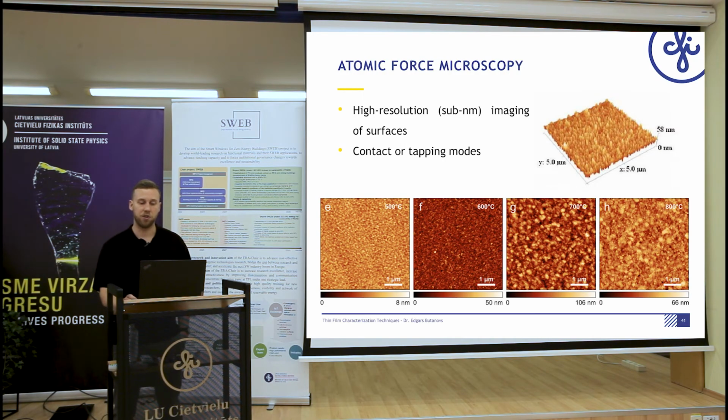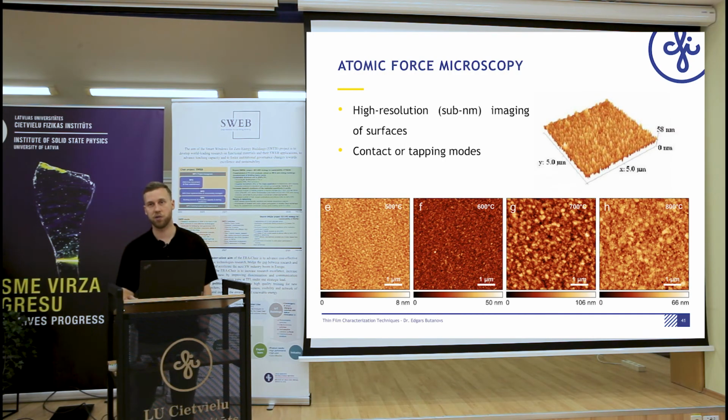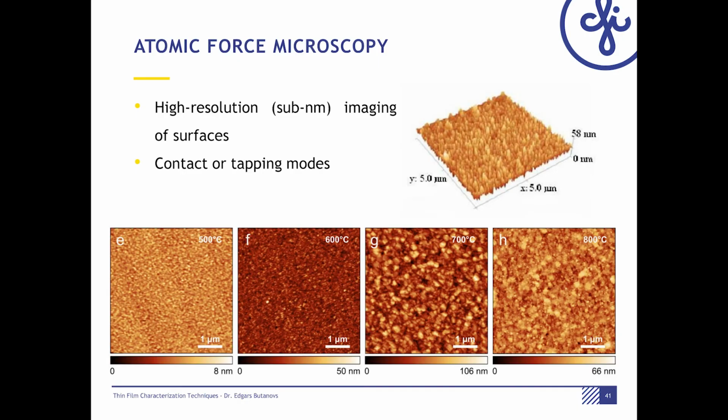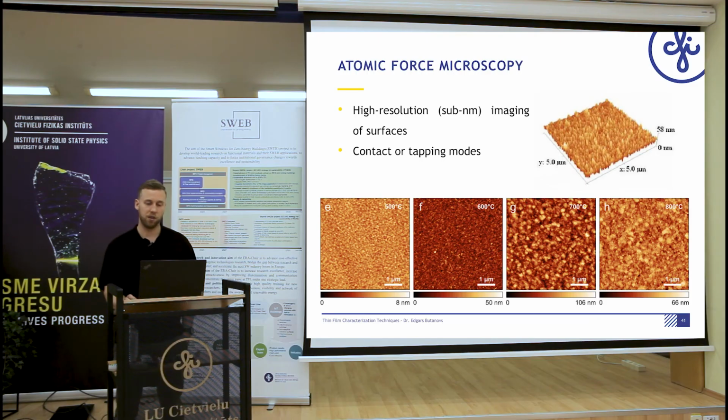What is beneficial with this tool, first of all, is the high lateral resolution, but it also gives the real topography as well as vertical resolution, which was not possible in SEM imaging, since it's just a projection of the surface. So here you get a detailed image of different grain features, their roughness, etc.